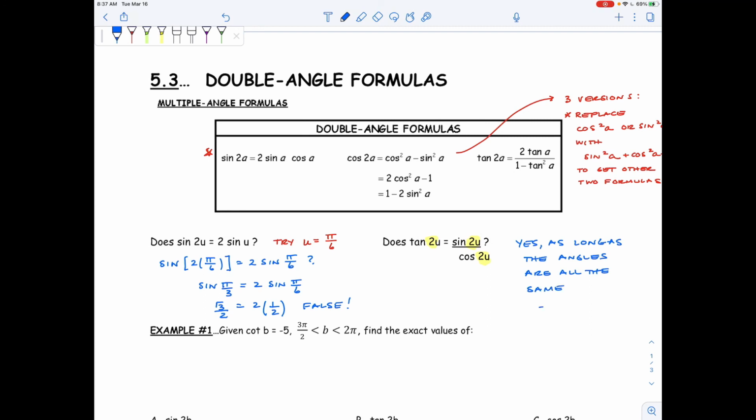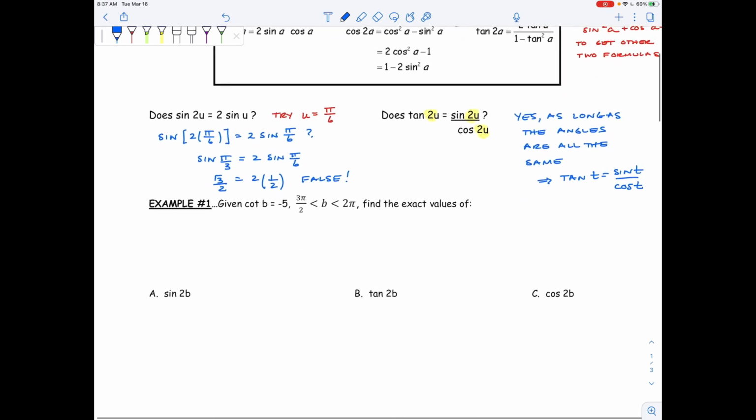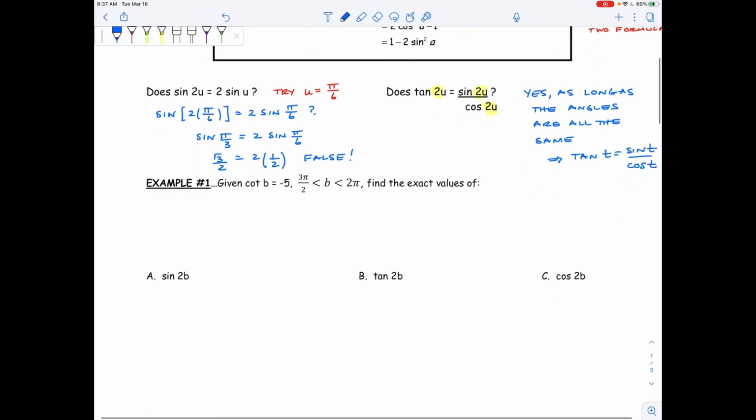So it's really equivalent to doing tangent of t equals sine t over cosine t. Same thing. Now we'll employ some of the strategies that we used in 5.1, 5.2, especially 5.2 with our sum and difference formulas to solve problems finding the exact values given certain clues.